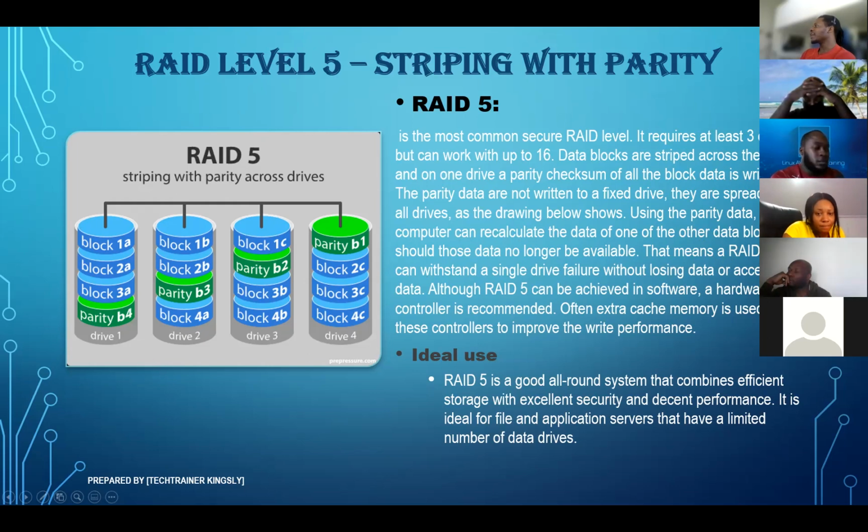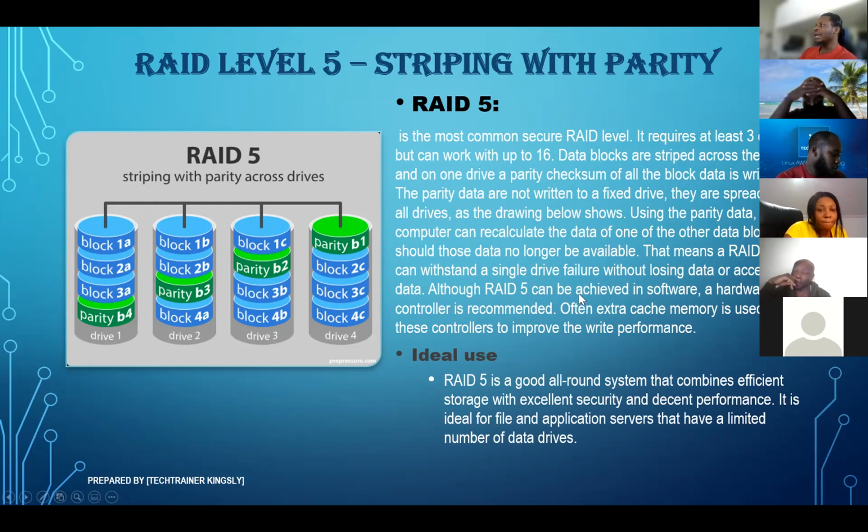That means a RAID 5 array can withstand a single drive failure. One of these drives can fail without a problem for the others, because everything is being written evenly across these drives.